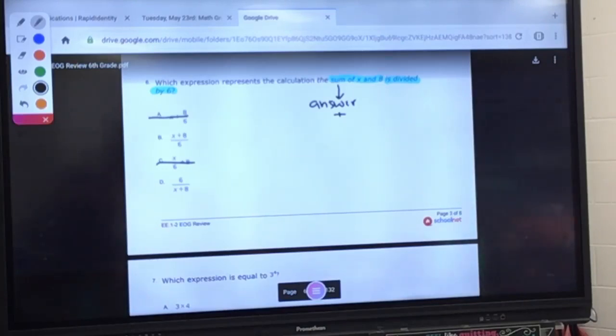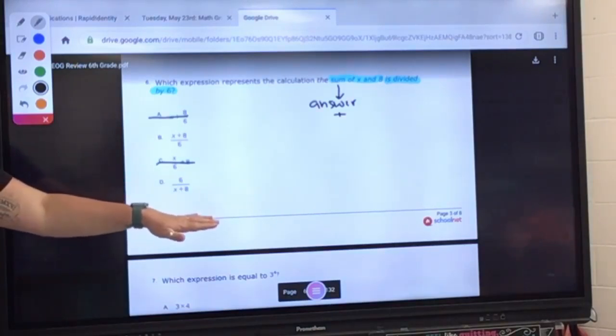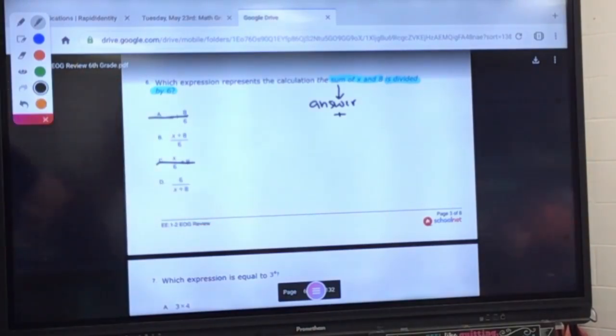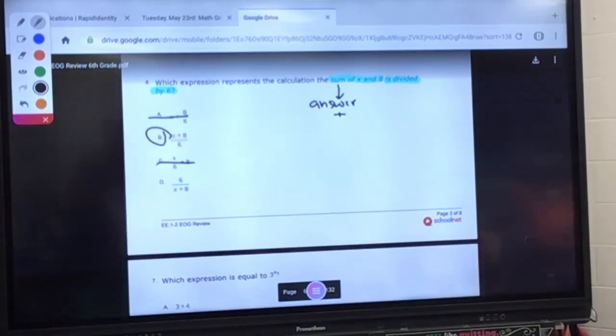It says the sum of 8 and x is divided by 6. D says 6 divided by x plus 8. So you see how they flipped it? Okay, so this one, order matters a huge amount. So order matters unless you have what keyword, but we call it a certain type of phrase. Mikael, switch phrase. All right, so the correct answer is B for this one.